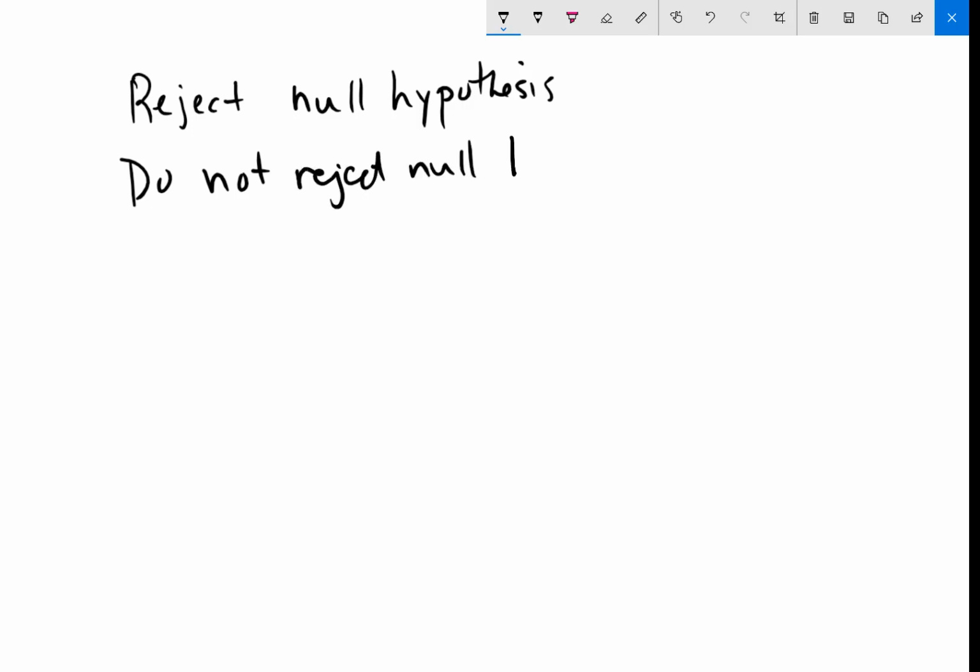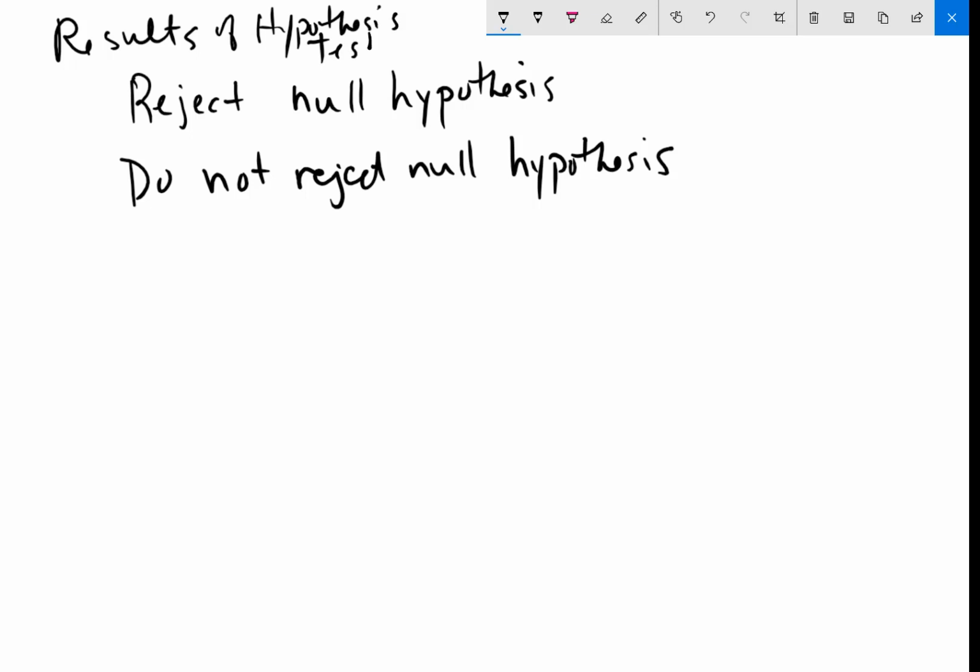We just don't have enough evidence to reject the null hypothesis. So these are the 2 results of a hypothesis test. And with that, this is how we're going to find out the different errors that can occur in a hypothesis test.